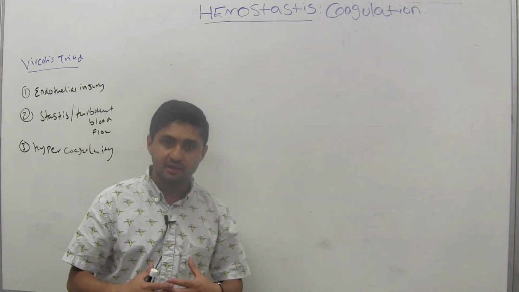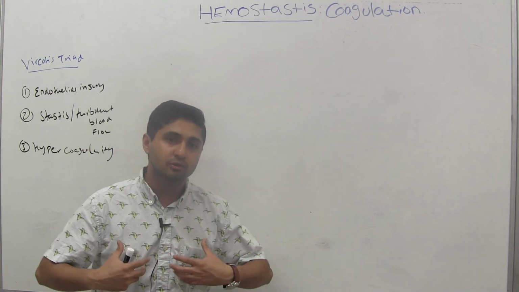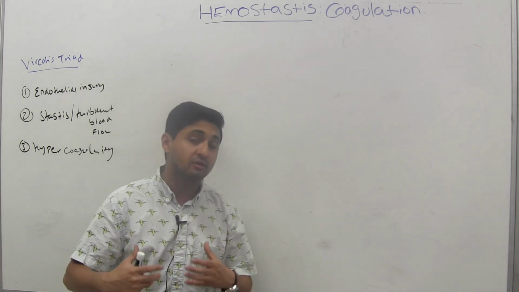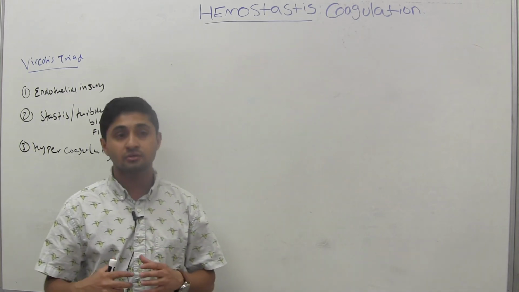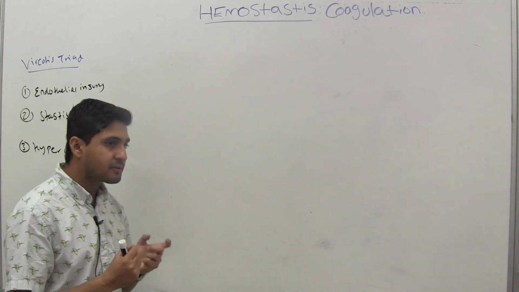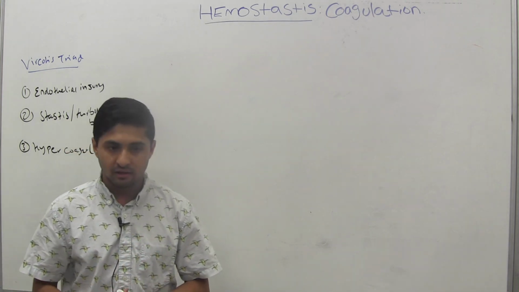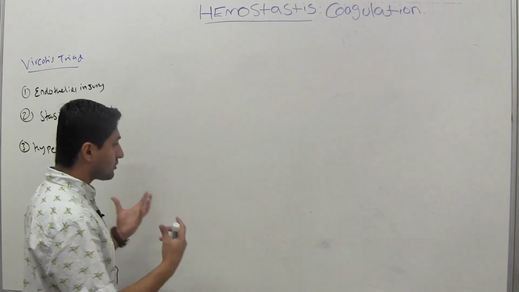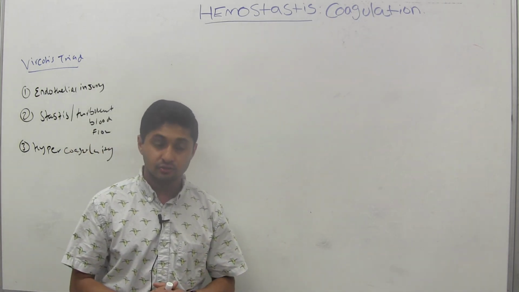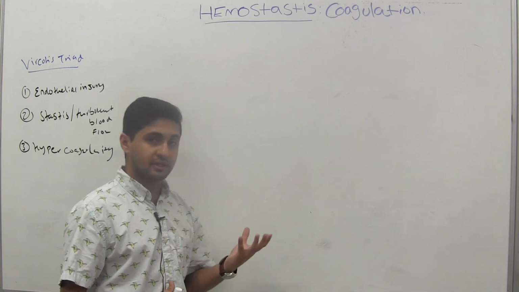But if it's a bigger vessel cut, your body may not be able to stop the bleeding, and you would need medical or surgical intervention. But we're talking about minor cuts or minor problems within your body, where healthy endothelial cells produce clotting factors that help form the clot and prevent bleeding. That's what they do.